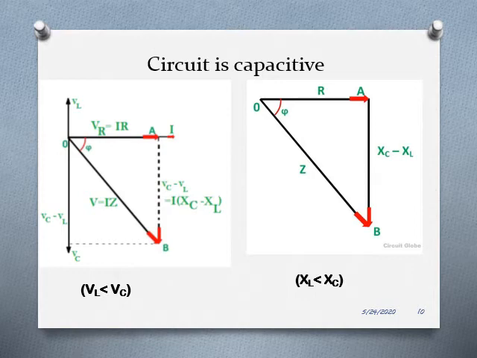So draw the current vector OI first. Then you have to draw the voltage of the resistor VR. That is always in alignment with the current vector. So OA is drawn. That is nothing but VR, which is equal to IR.